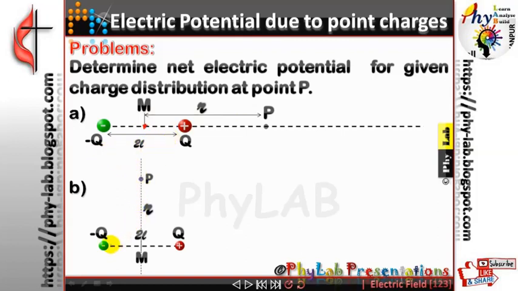Similarly over here you can take another combo of these two charges, negative and positive. M being the midpoint, this distance is R, friends, and this distance happens to be 2L. So what you need to do is find out the potential at point P. Please solve these two problems. This will eventually lead us to the derivation for the result of electric potential due to a dipole. So these two questions are very, very important. Do them and then we will discuss them later in the next video.